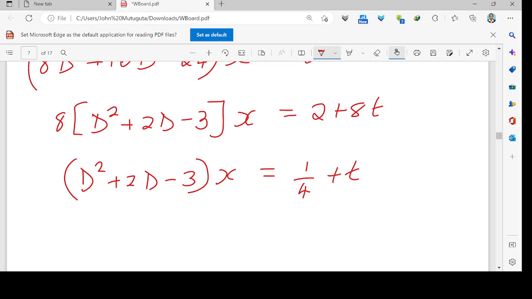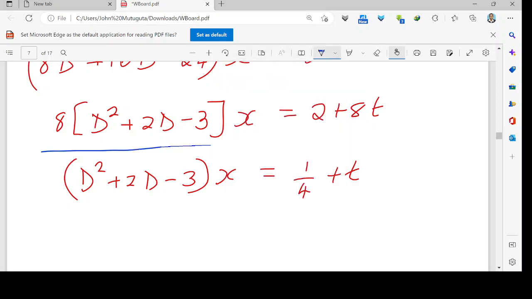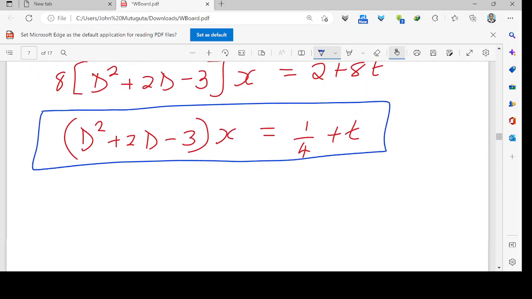That is the equation. So this is a non-homogeneous differential equation. Notice that this one is a non-homogeneous differential equation of second order.